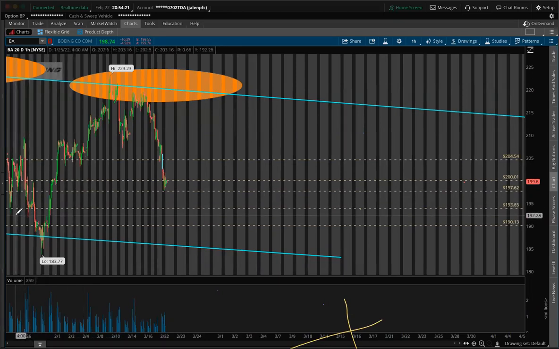If you were to day trade it, you can send it however you want. But if I was day trading, I would put it like this. I would say BA trigger for puts, just for example, a break below 200, PT1 197.60, PT2 193.80, PT3 192, and then PT4 190.